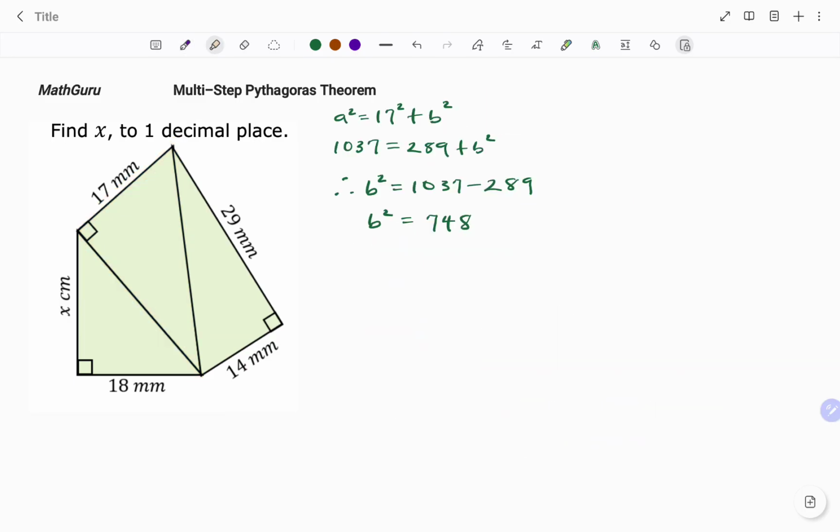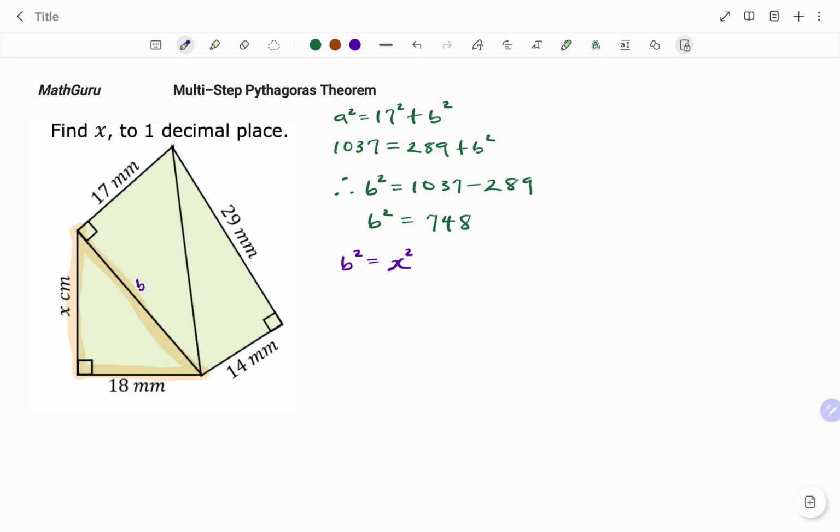So now that I have B squared, I'm going to move to my last right angle triangle. In order to find x squared, I write using my Pythagoras theorem, starting with the hypotenuse or the side facing the right angle. I have that as B squared. B squared is equal to the sum of the squares of the other two sides.